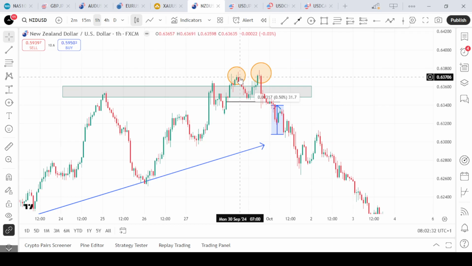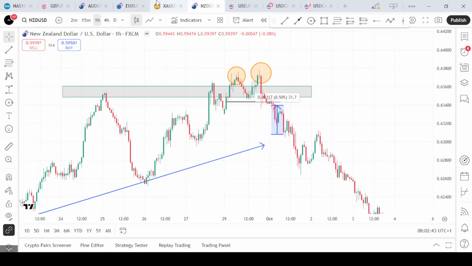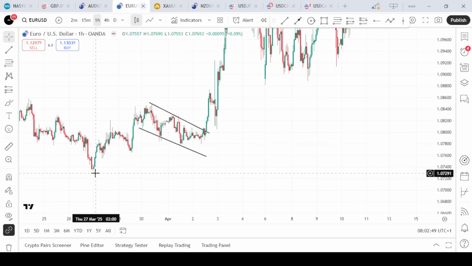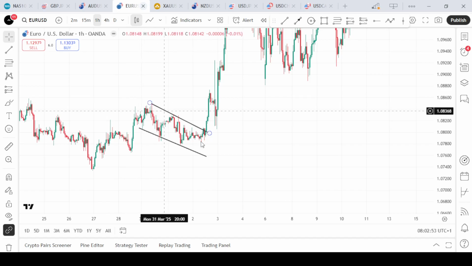Now, for a continuation pattern such as your flag pattern, you usually identify a strong trend prior to that, and as you can see in this area, there's a strong trend to the upside where price was making higher highs, higher lows, higher highs before we saw our flag pattern.